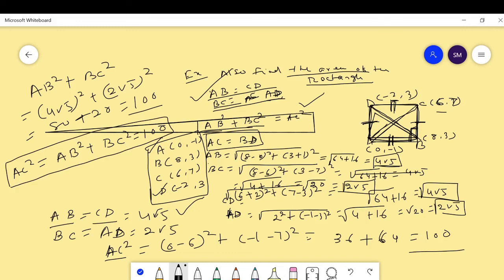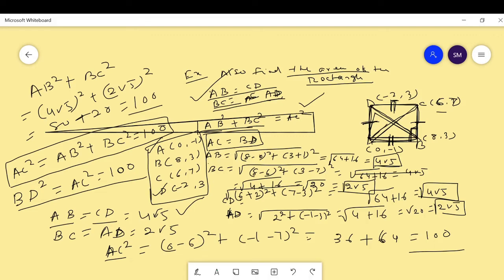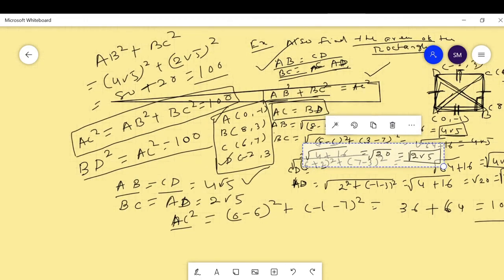In the same way, we find out that BD square is also equal to AC square is equal to 100. Then we come to the conclusion that these four vertices are vertices of a rectangle, and we have to find out the area of the rectangle.